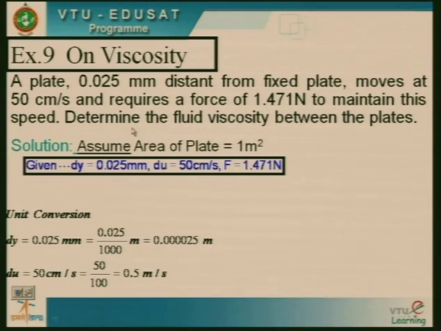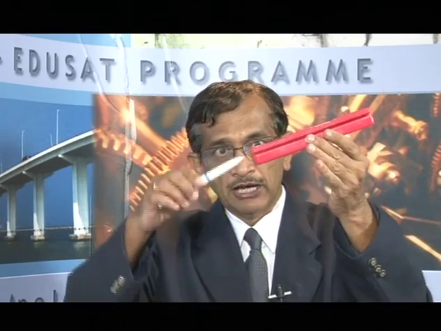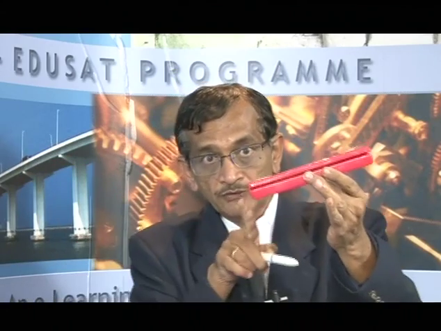Question is, determine the fluid viscosity between the plates. It means exactly like this is a plate and it is having a force of 1.471 Newton to maintain a speed of 50 centimeters per second in this direction, correct.